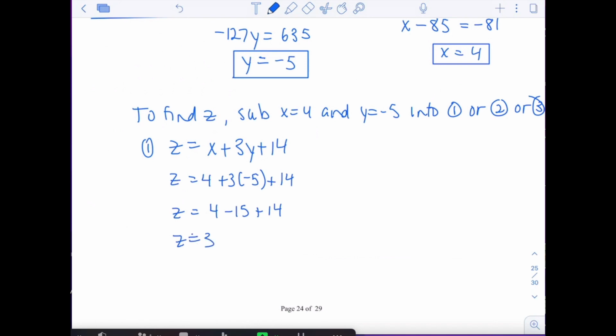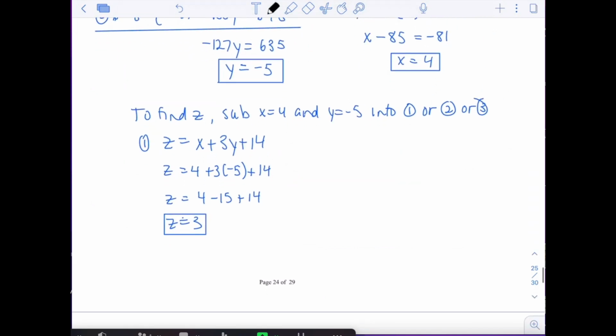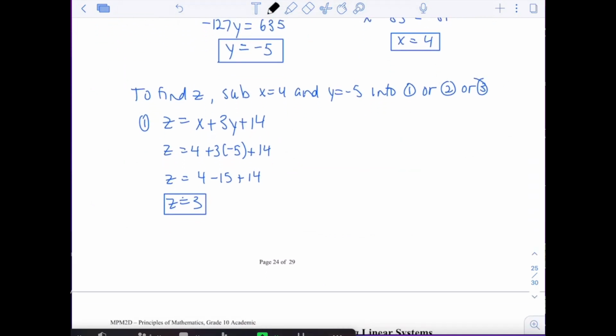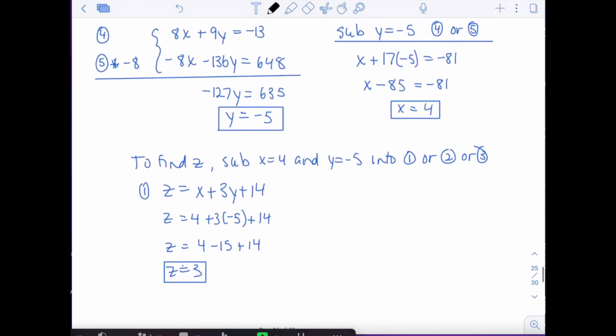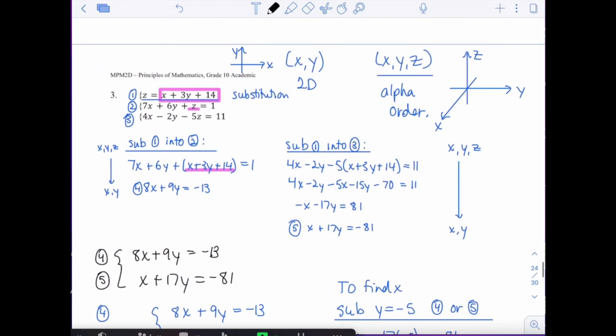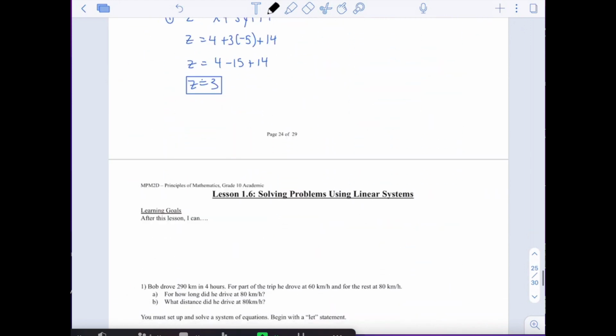z equals 3. So we are not going to write it exactly the same way as we wrote the POI because we don't really actually know what this answer is because it's in 3D.